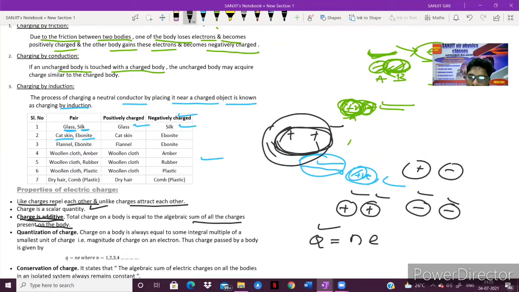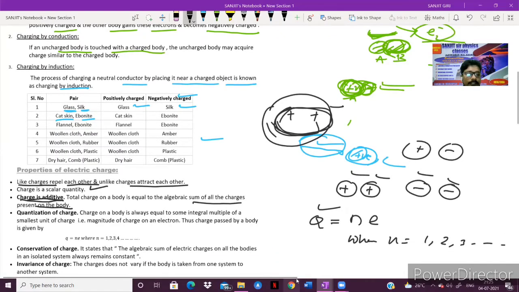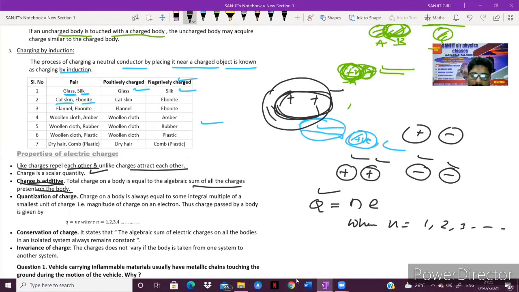So q equals n e, where n equals 1, 2, 3, and so on. We know the charge of an electron, e equals 1.6 into 10 to the power minus 19 coulomb. If we write the charge of the electron with its nature, then e equals minus 1.6 into 10 to the power minus 19 coulomb.